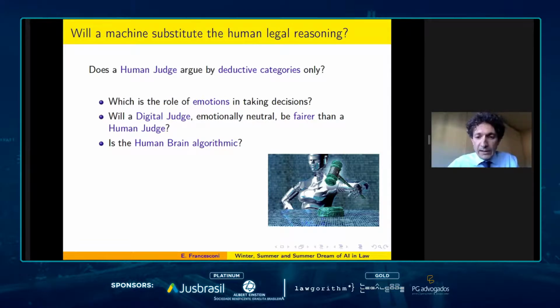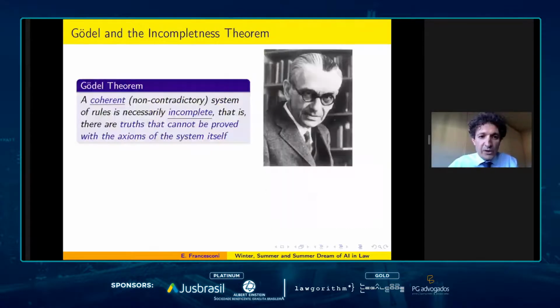Well, to answer this question, we can refer to a famous theorem, the Gödel incompleteness theorem. According to the Gödel theorem, a coherent or non-contradictory system of rules is necessarily incomplete. That is, there are truths that cannot be proved with the axioms of the system itself.